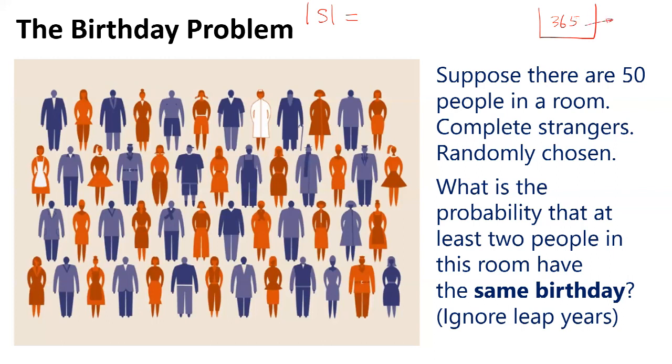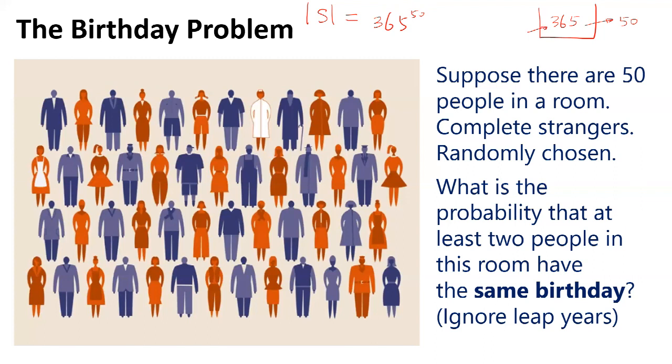The task is to pick 50 birthdays out of the 365 birthdays, right? So in the sample space, we have 365 to the 50th power different outcomes, right?